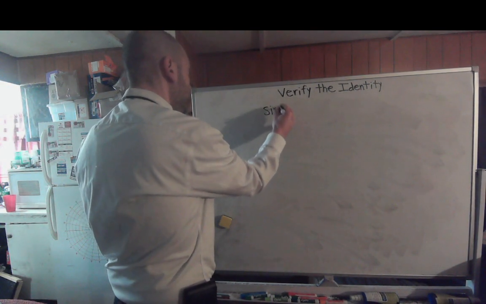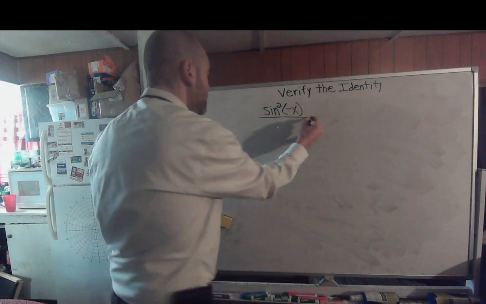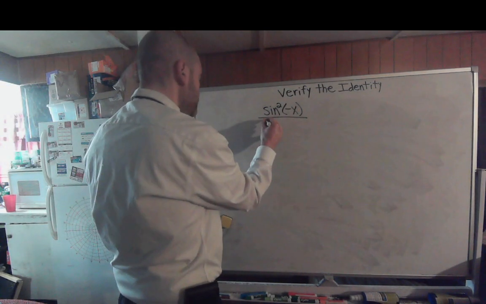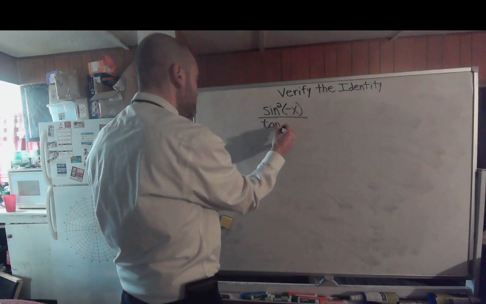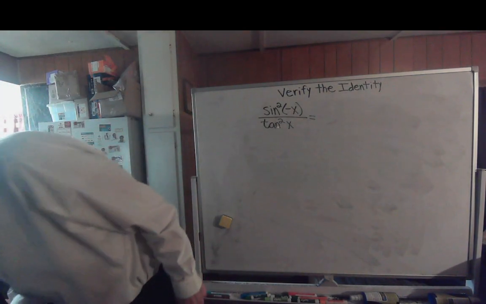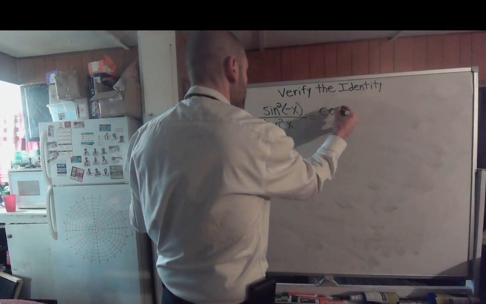We have sine squared of negative x all over tangent squared of x is equal to the cosine squared of x.